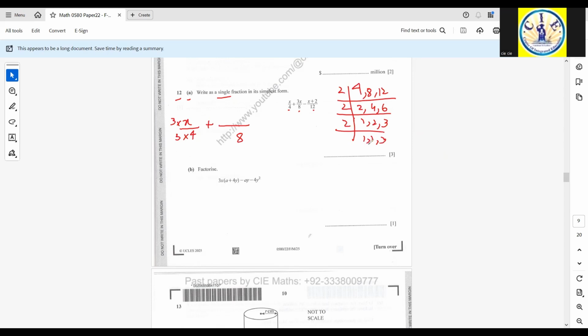This is 3 times 2, 6, 12, and then 24. That means I'm going to multiply each fraction with the LCM of the denominators 4, 8, and 12, that is 24.